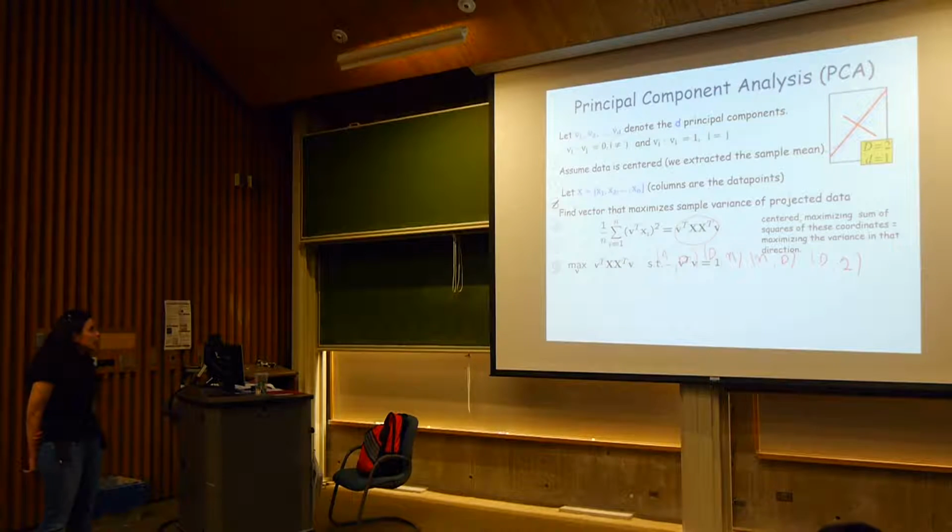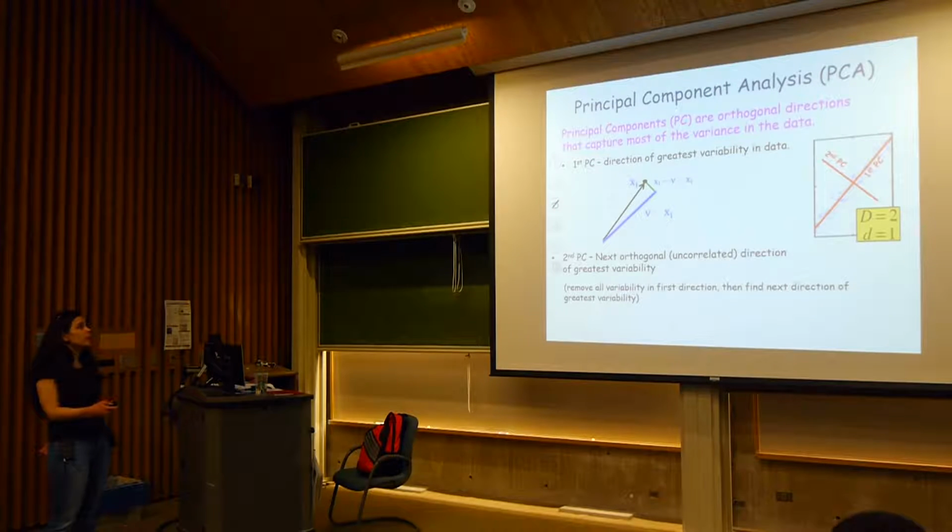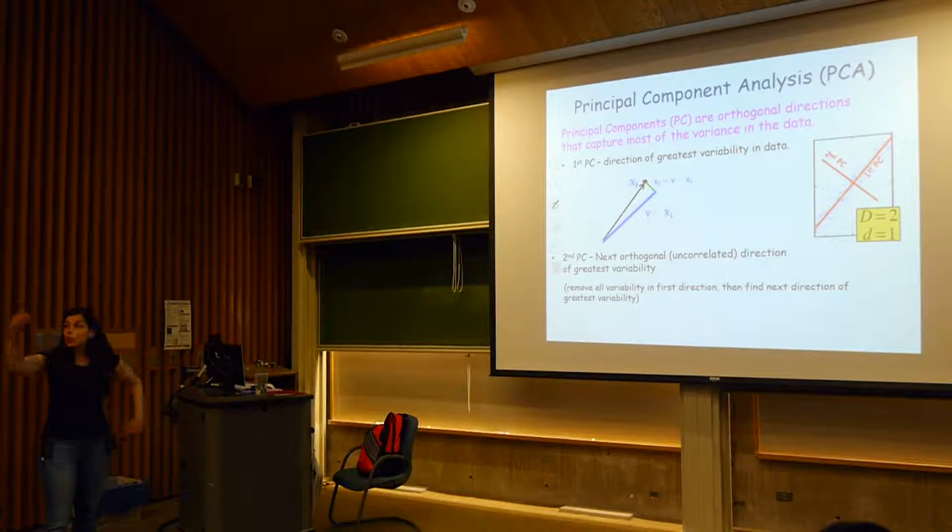It turns out that if we manipulate this, this is an optimization problem. It's actually a constrained optimization problem because I also want to impose that the norm of V is 1, right? And why did I impose the norm of V to be 1? If you remember my picture, the length of the projection of a point X onto a direction given by a normal vector V is V dot Xi when the norm of V is 1.